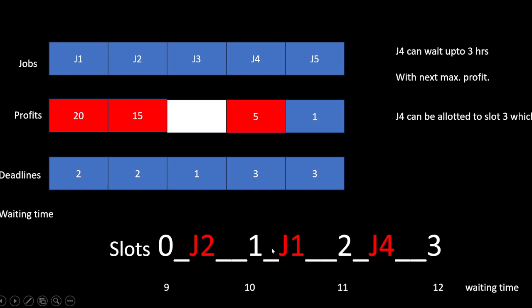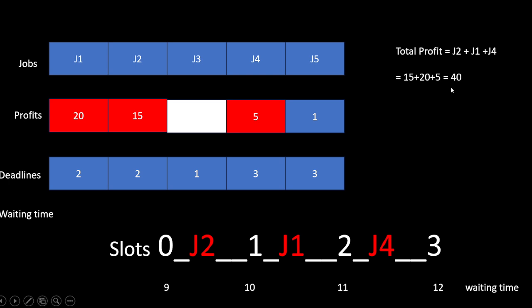After getting all the values, what is the total profit that we have? J2 is 15 and J1 is 20. You can see 15 plus 20 plus 5, which is your last one.